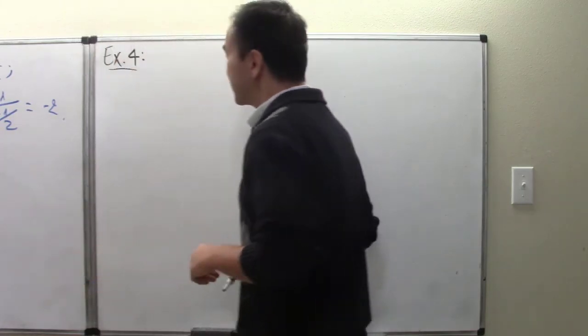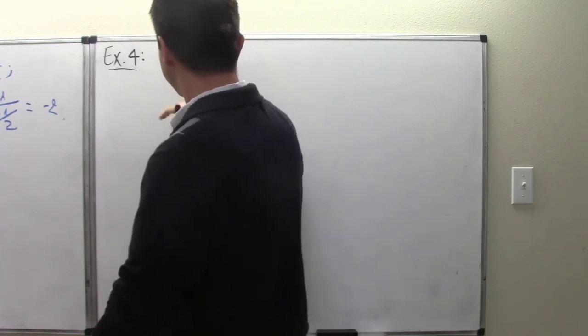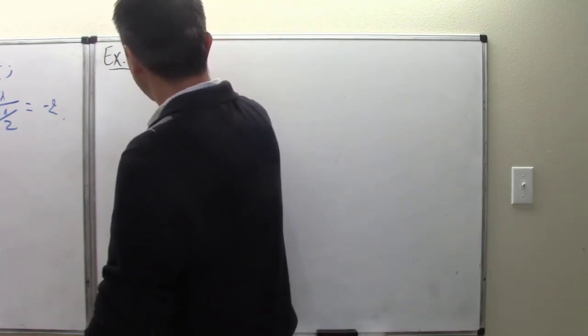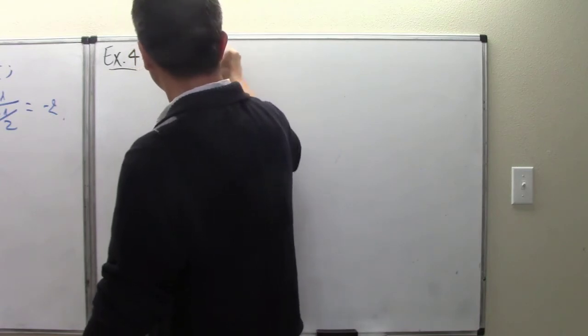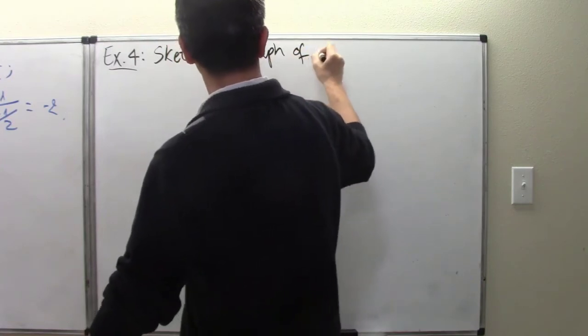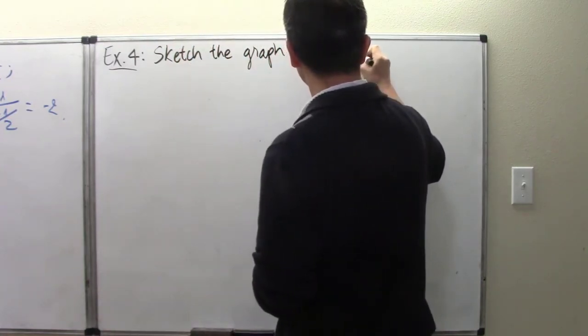All right, so in example 4, here's the worded instruction. We want to sketch the graph of the given function.